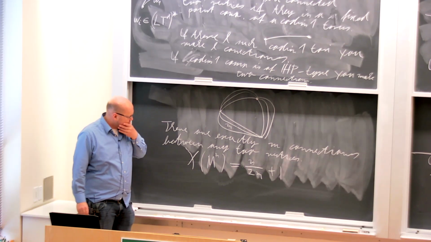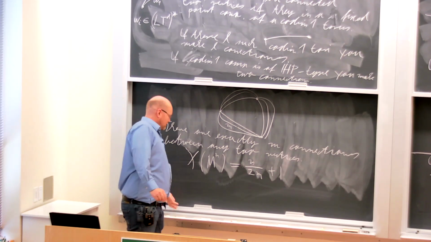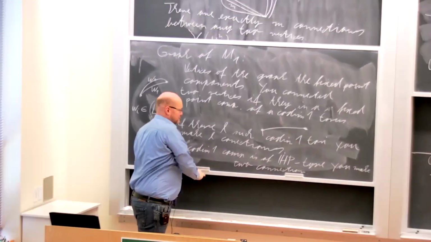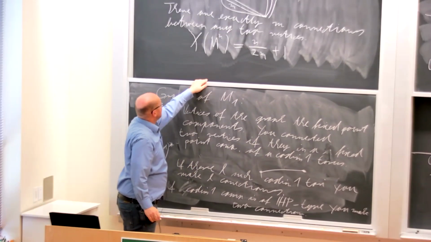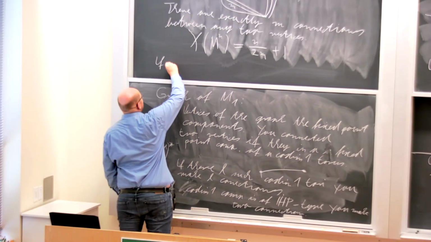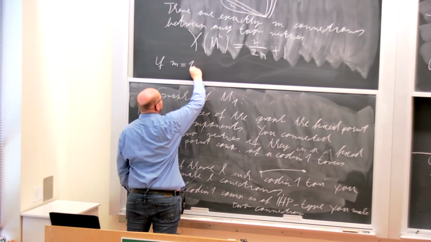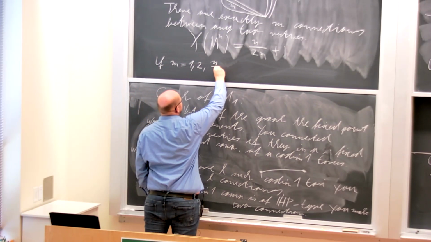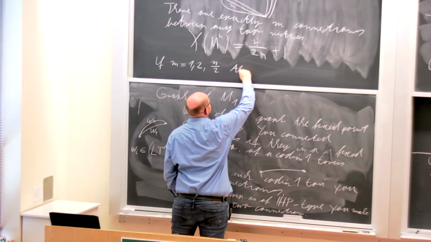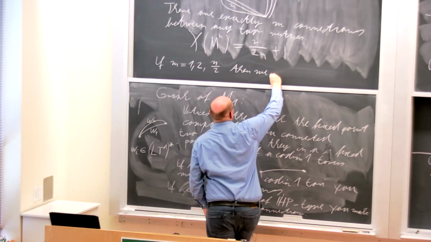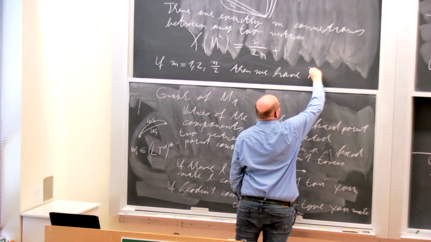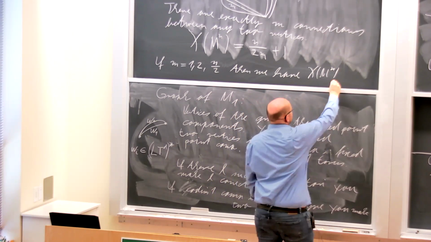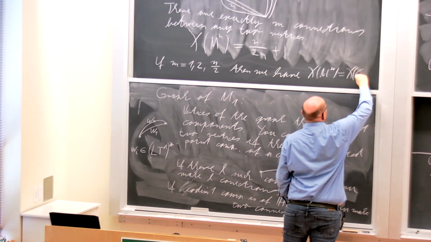And now, if m is equal to 1, 2, or n over 2, then we have the Euler characteristic of M^n is equal to the Euler characteristic of M of a cross.